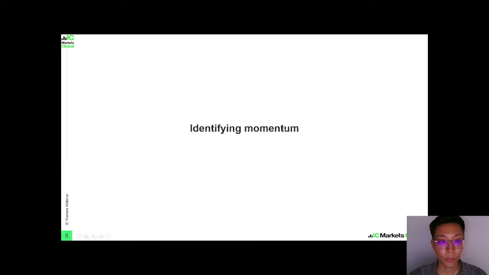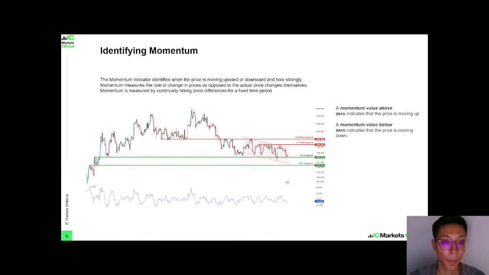Okay, so the next thing is identifying momentum. Basically the momentum indicator identifies when the price is moving upward or downward and how strongly it moves. Momentum measures the rate of change in prices relative to the actual price changes themselves. Simply put, momentum is measured by continually taking price differences for a fixed time period.